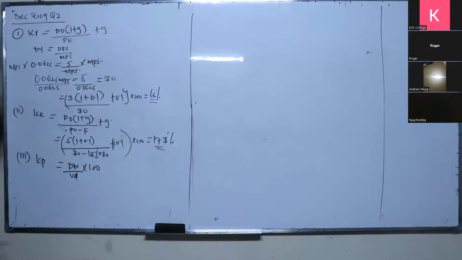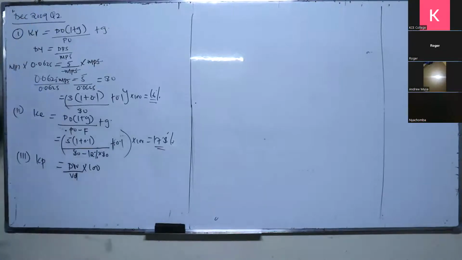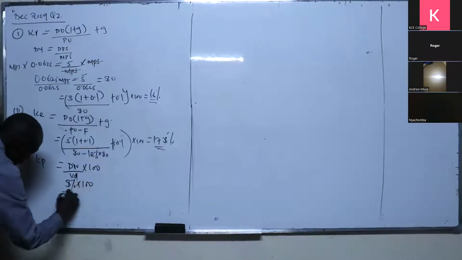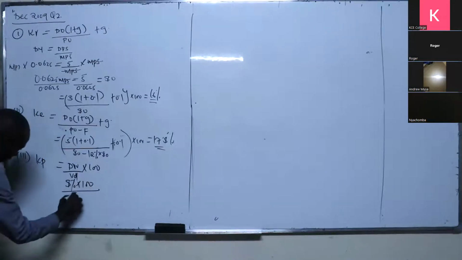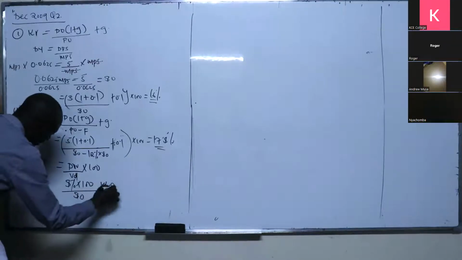So the dividend will be 8% of 100. You determine dividend based on the par value of the share, which is 8%. The par value is 100. And then the market price per share is how much? 80. And then you divide and multiply by 100.